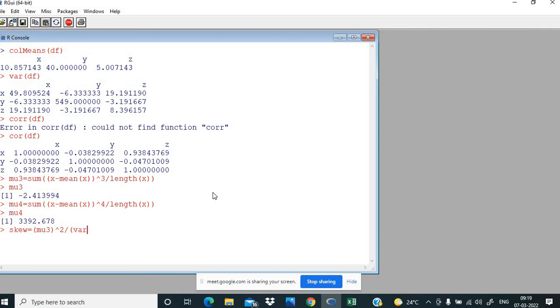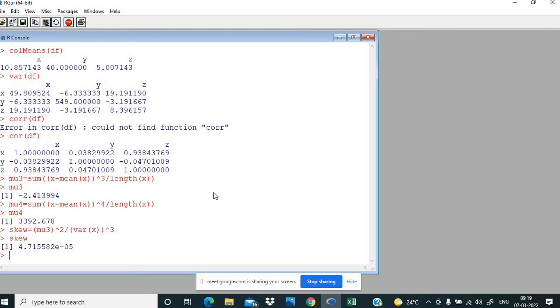So I write variance of x, close the bracket. Mu3 square by mu2 cube. So this is the skewness.